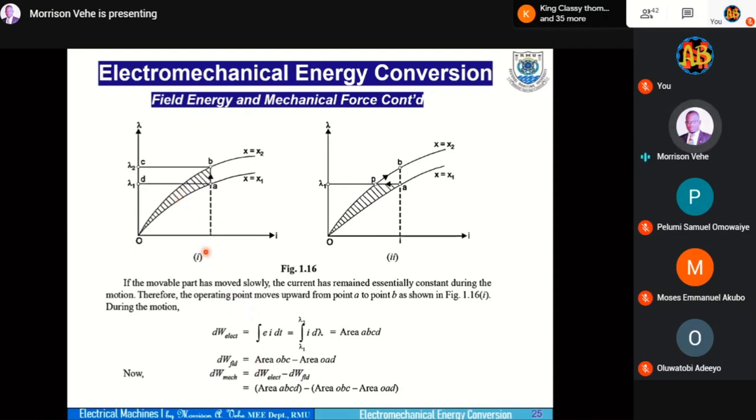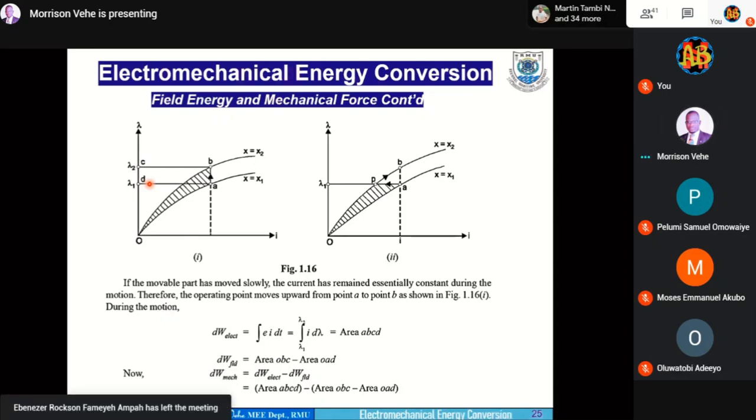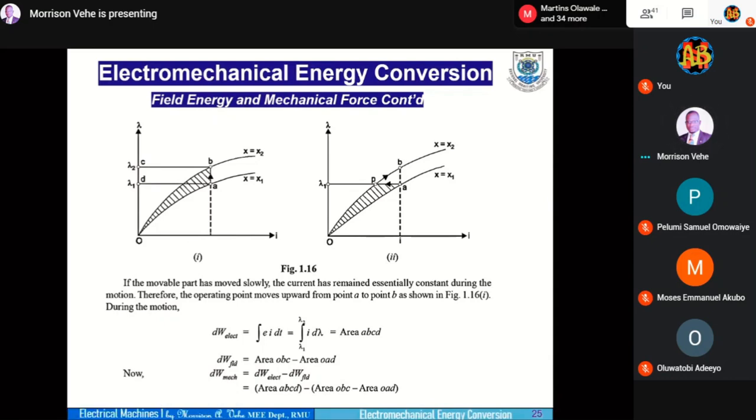It's nothing but area ABCD, these areas where we encounter these small movements.